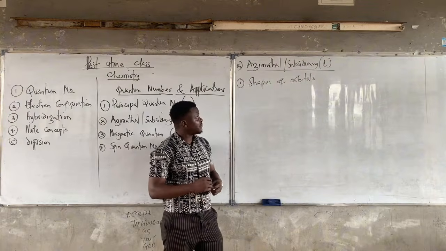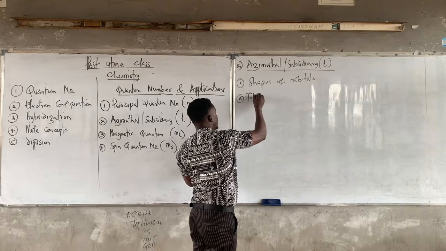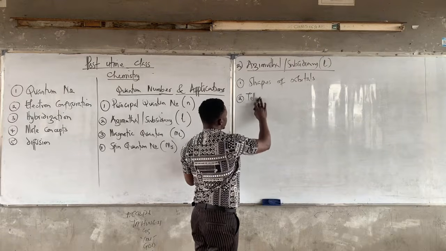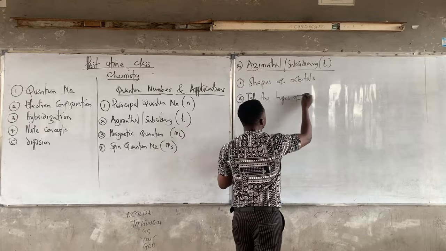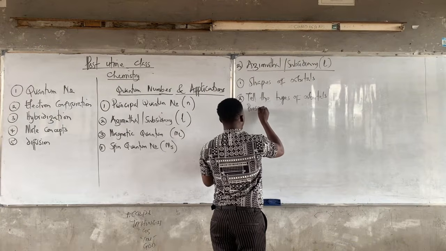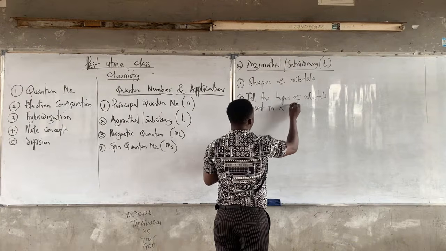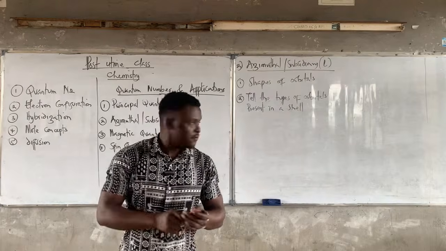It describes the shape of orbital, number 1. The next one, it tells the types of orbitals present in a shell.